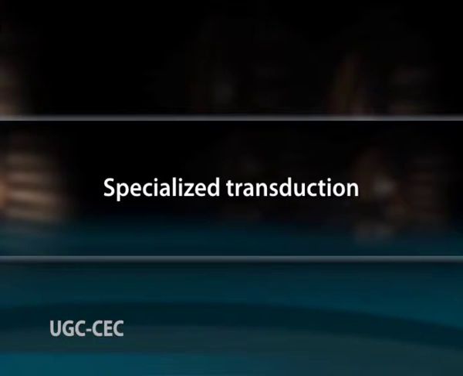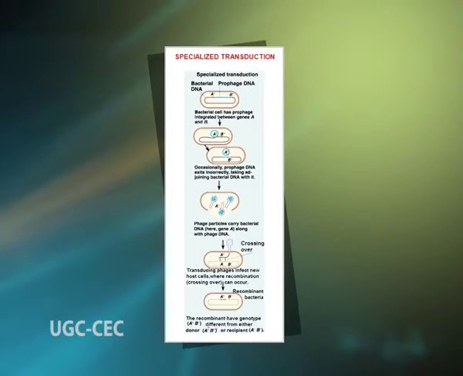Now, let us come to the case of specialized transduction. In this figure, you can see this process is mediated by temperate bacteriophages whose chromosomes are able to integrate at one or a few specialized attachment sites on the host chromosome.